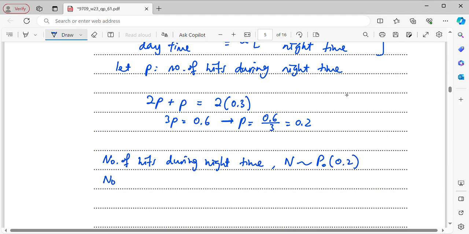And then the number of hits during daytime, let's say denoted by D, will be double the number of hits during night time. It will be 0.4. Okay, so these will be the distributions for the hits during the two different timings.